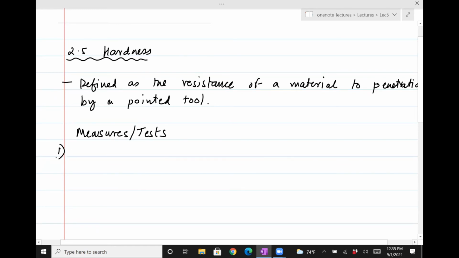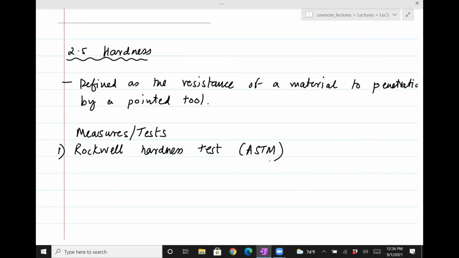One of them is known as the Rockwell hardness test. This is the one used by the standard ASTM. These are some of the standards and codes. If you go back, they use the Rockwell hardness test.